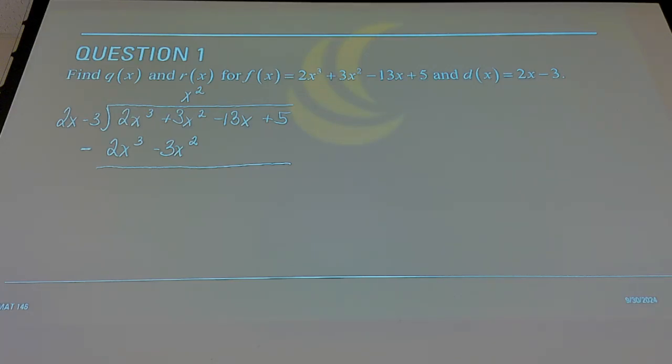Subtract it. Two x cubed minus 2x cubed is 0. 3x squared minus negative 3x squared is 6x squared.